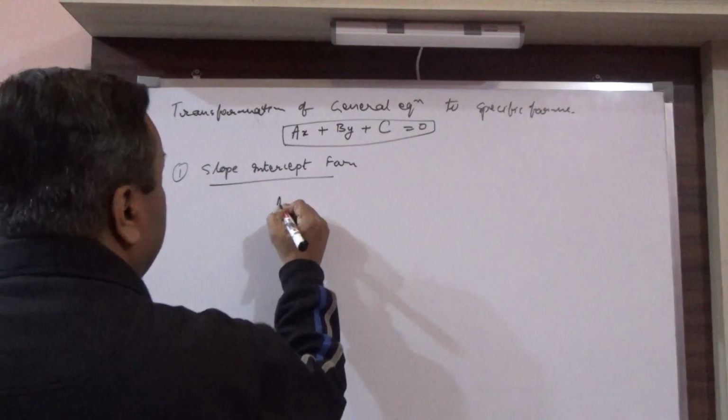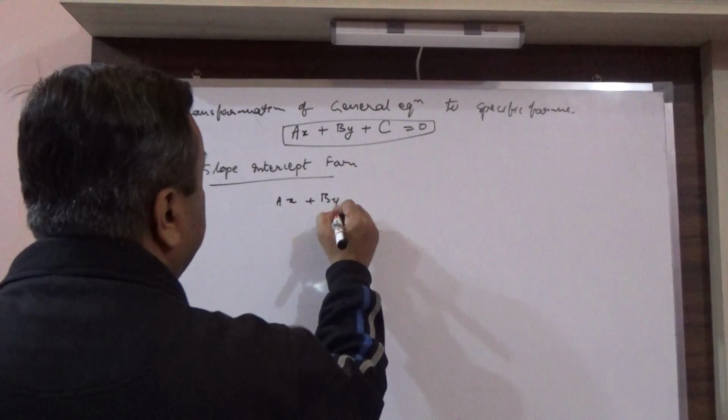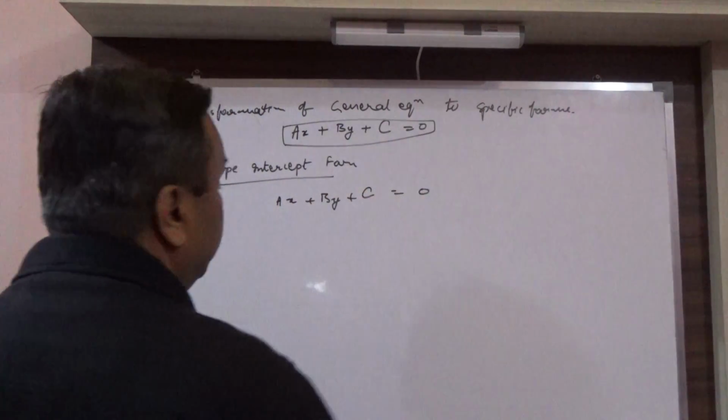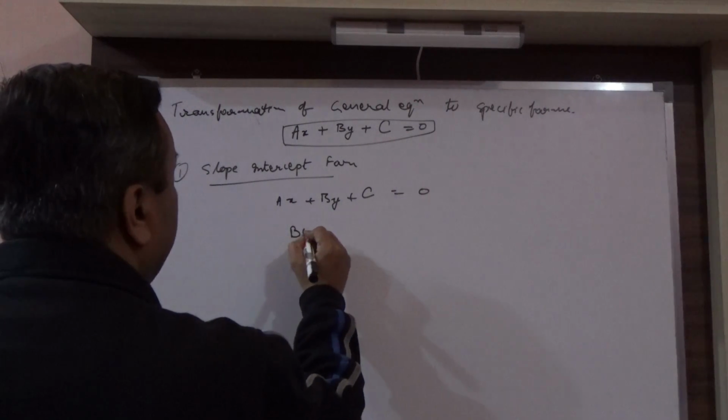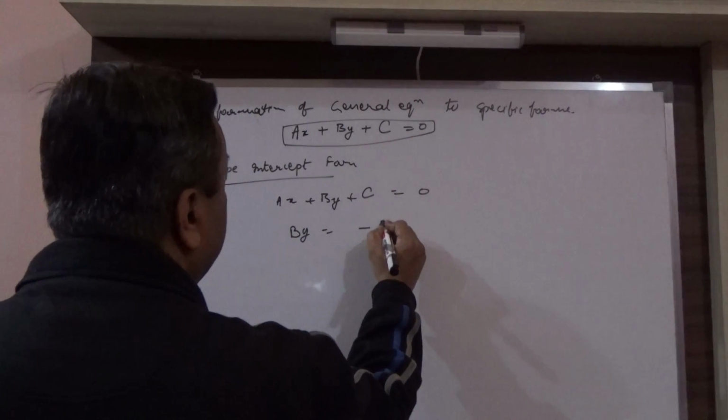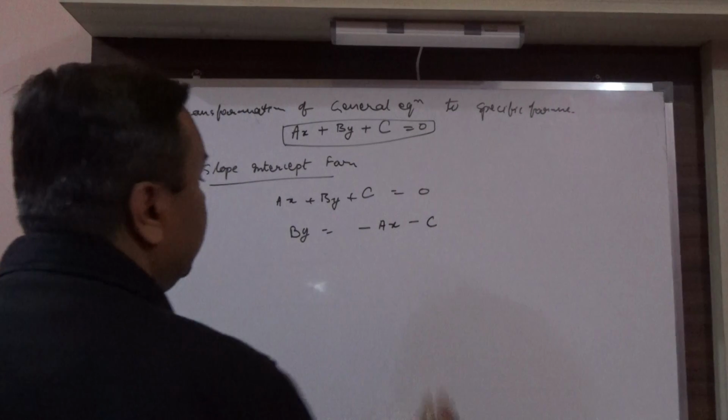My equation is ax plus by plus c equal to 0. Okay, so I will take by equal to minus ax minus c.